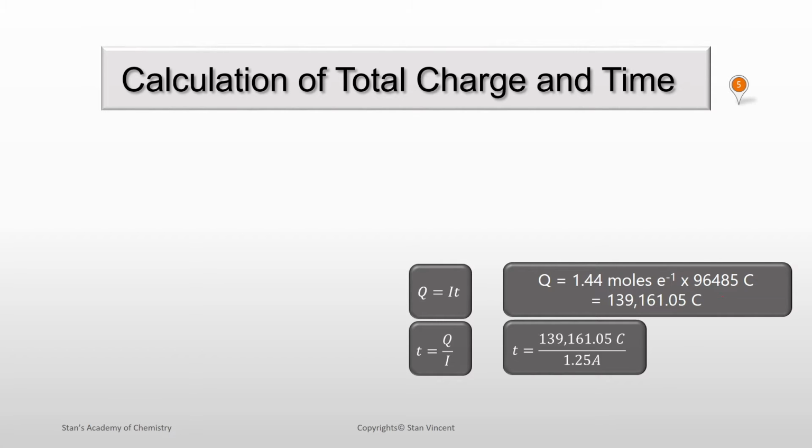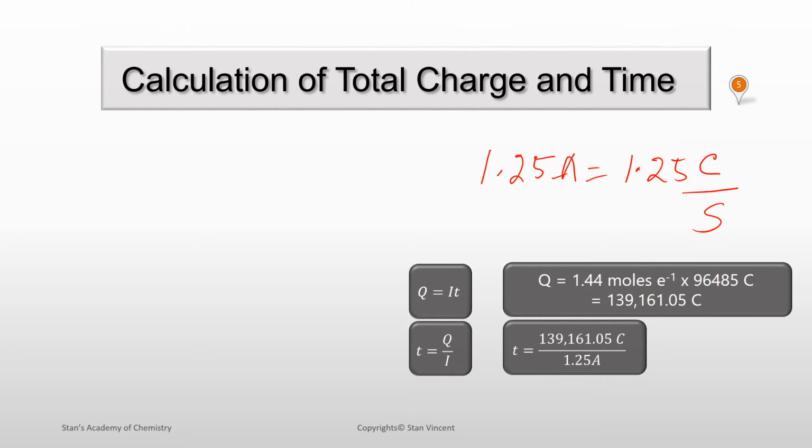Now the time taken is equal to 139,161.05 coulombs divided by 1.25 amperes. 1.25 amperes is also equal to 1.25 coulombs per second. What it means is every second 1.25 coulombs of charge is flowing through the circuit when you have a current strength of 1.25 amperes.